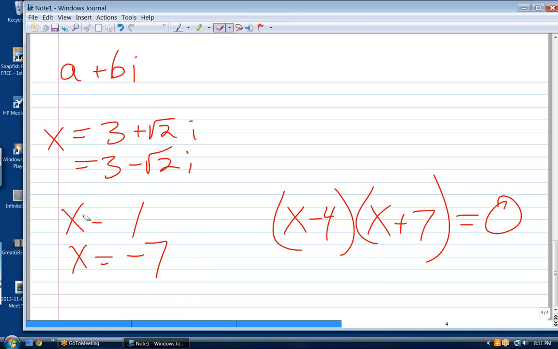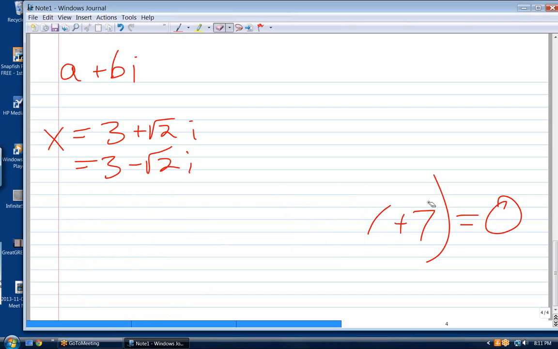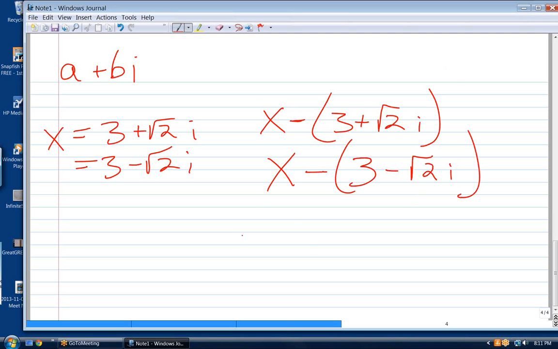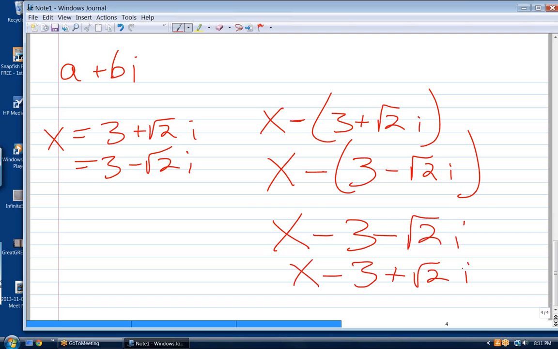If we do the same thing with imaginary solutions, then the factors are x minus (3 plus root 2 i) and x minus (3 minus root 2 i), which becomes x minus 3 minus square root 2 i and x minus 3 plus square root 2 i.